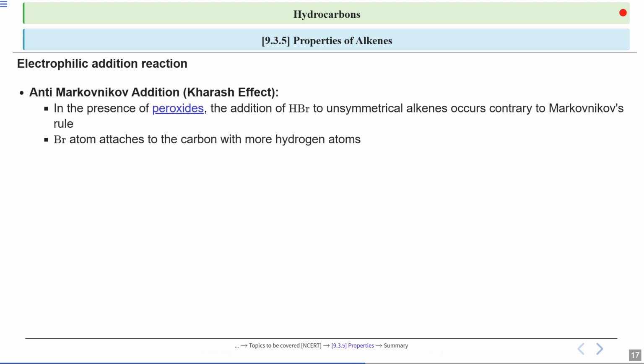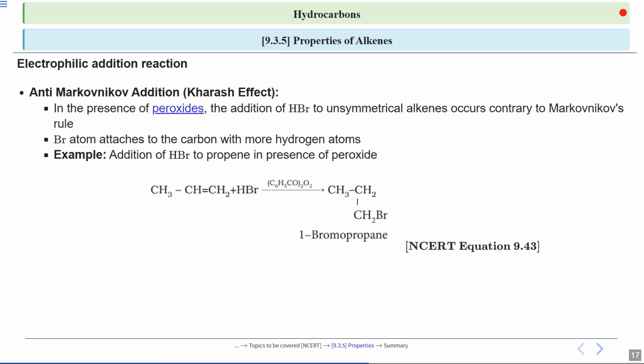Now the bromine atom attaches to the carbon with more hydrogen atoms. This is just the opposite of the previous case, because there the bromide ion was getting attached to the carbon which has fewer hydrogens. Here it is getting attached to the carbon which has more hydrogens. Therefore, we call it anti-Markovnikov's rule because it is the opposite of Markovnikov's addition.